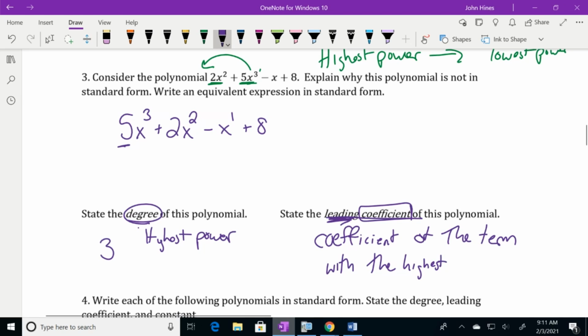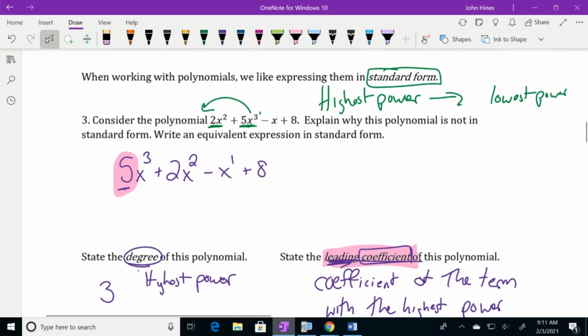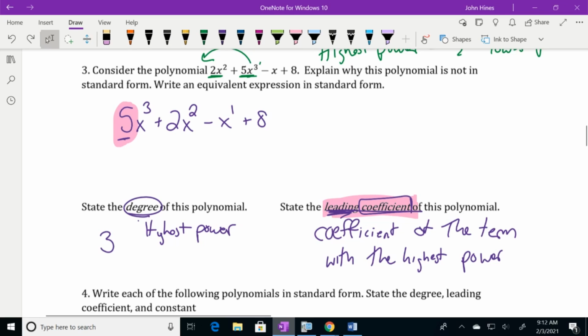And we call it the leading coefficient because when it's in standard form, it's that number out front. Only if it's in standard form. You can't look at a polynomial and say the leading coefficient's 2. No, you have to make sure you're in standard form and find that highest power, and that gives you your degree and your leading coefficient.